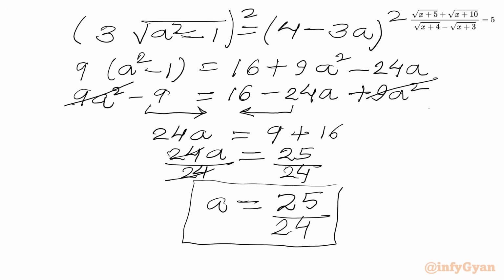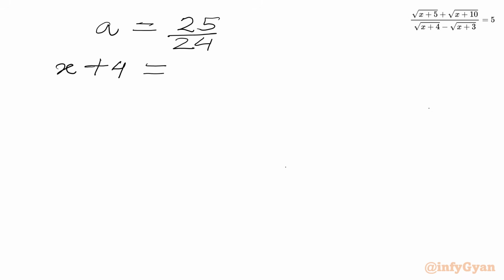A was our substitution. It was x plus 4. So we will write a equal to 25 over 24, and a is x plus 4 equal to 25 over 24. We will subtract 4 from both sides.